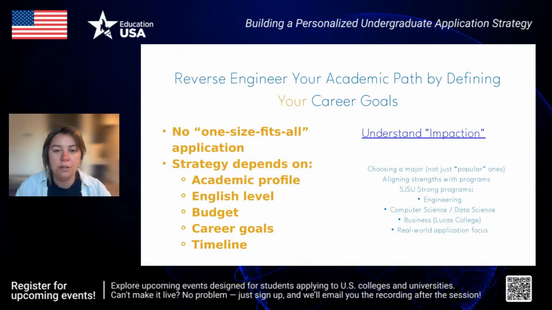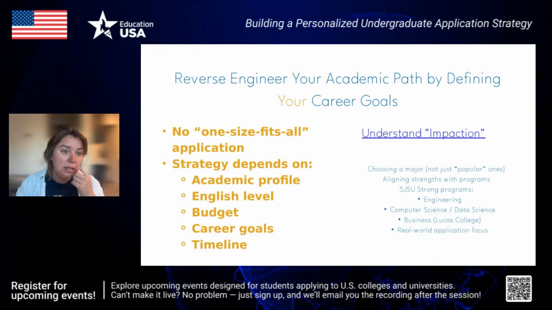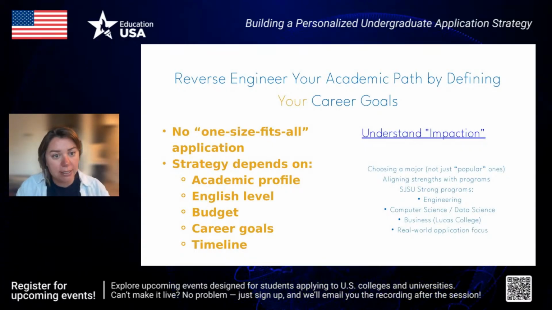At our university, we actually don't have any English classes that are pathways to degrees, but we do partner with other universities like in San Francisco or community colleges that do offer English language classes. If you don't think that you'll be able to meet those requirements, think about your budget as well.